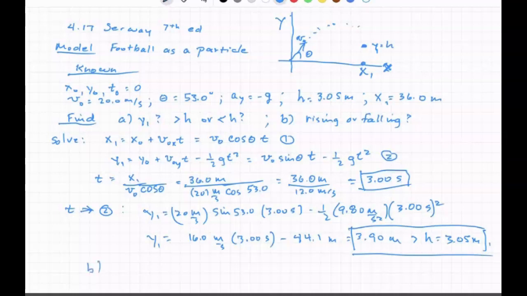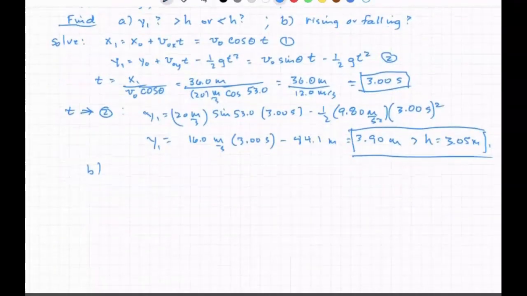So v final y is equal to v initial y minus gt. And we calculated v initial y in the previous step. We found that it was 16.0 meters per second.